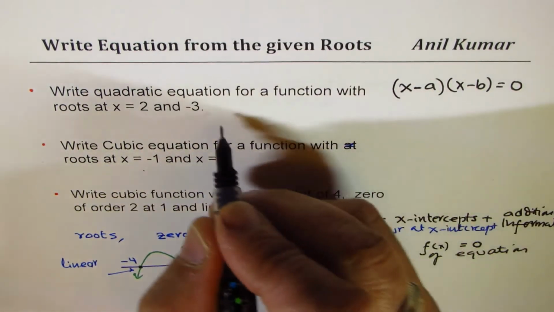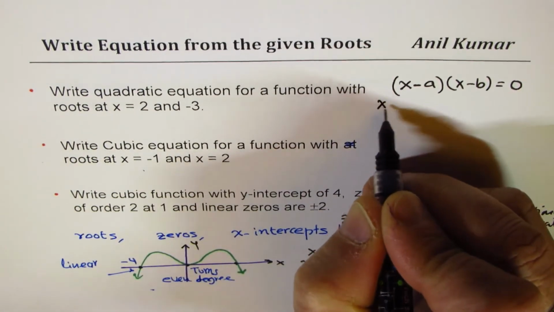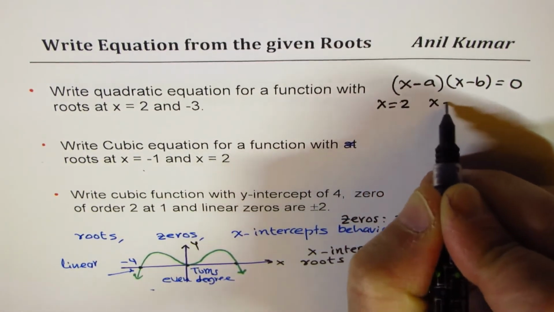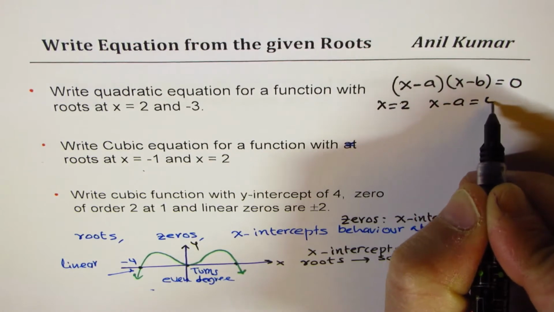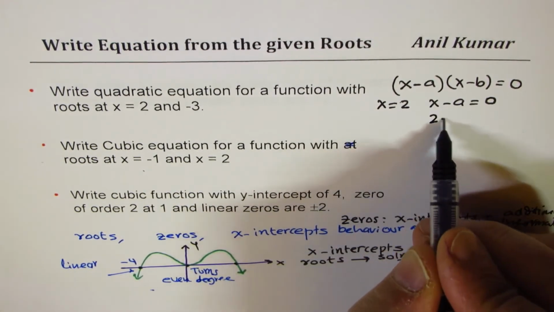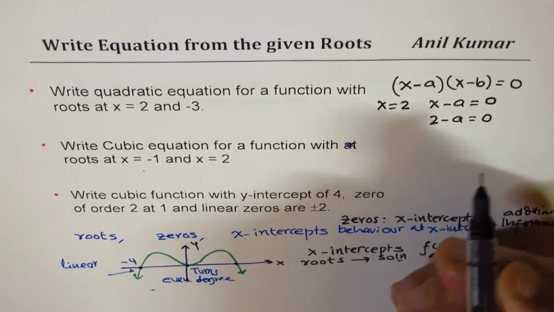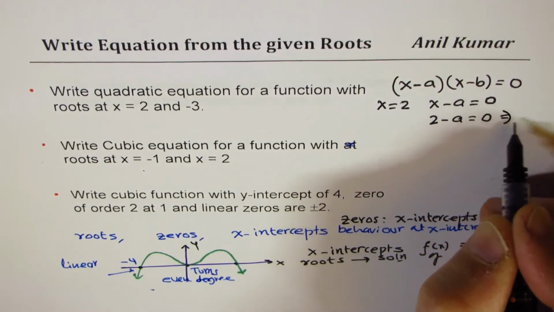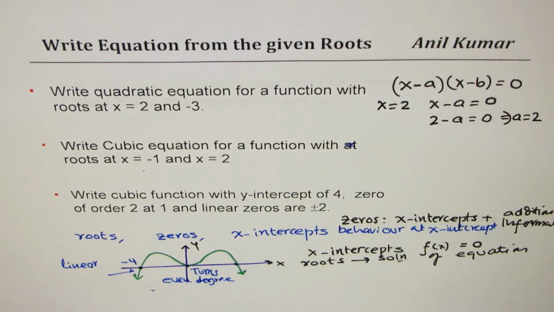So for x equals 2, x minus a equals 0. If x is 2, I could write 2 here. So I get 2 minus a equals 0, or we can say a equals 2.